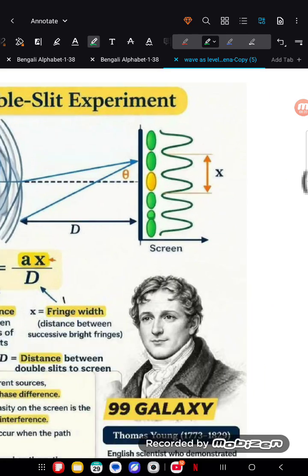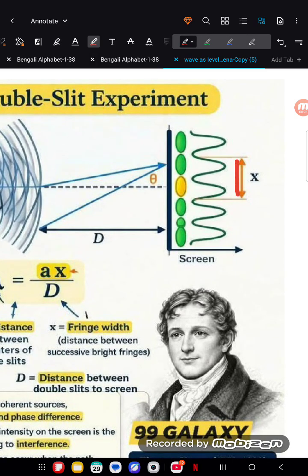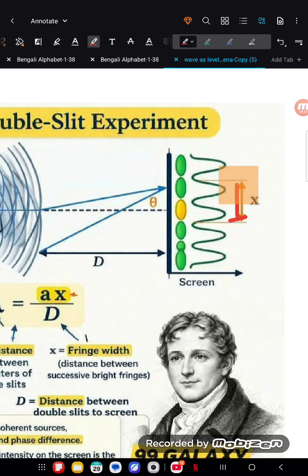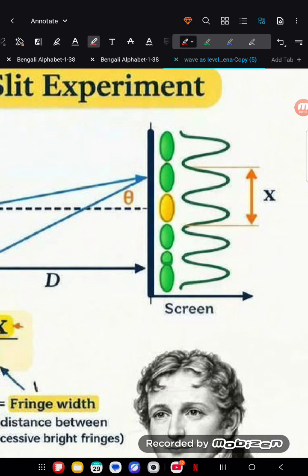You can see X is this distance, the distance between successive bright fringes. This is one bright fringe, and between this and this will be your distance. This is called X.